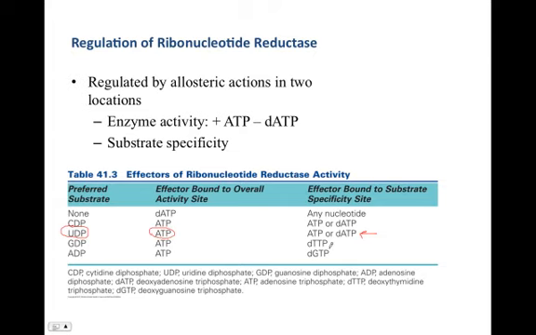If deoxy-TTP is bound to the substrate specificity site, the preferred substrate for the enzyme in that case is GDP. Again, the enzyme is active in this case as ATP is bound to the activator site. You should be comfortable with the transitions between substrates based on which nucleotide is bound to the effector site.